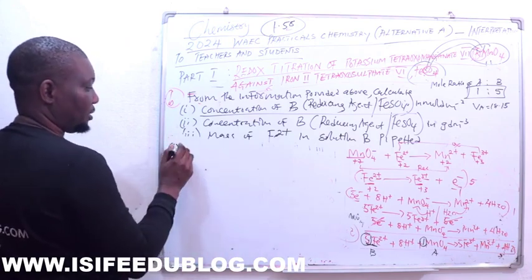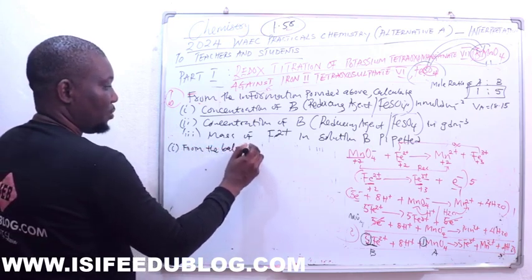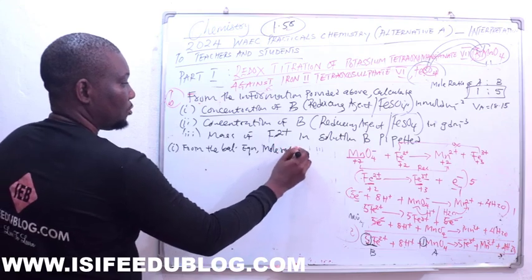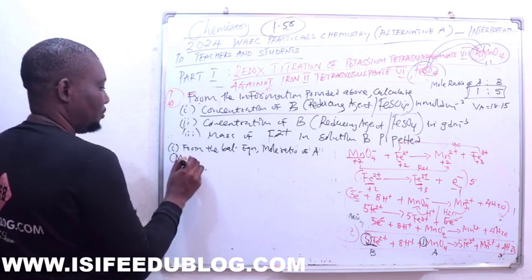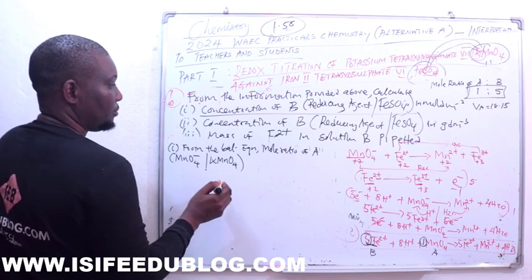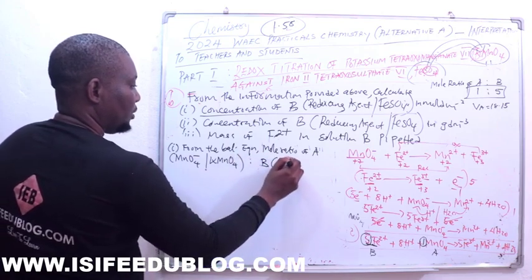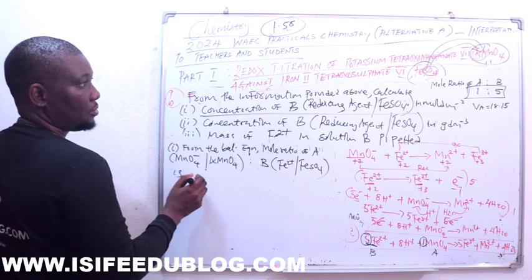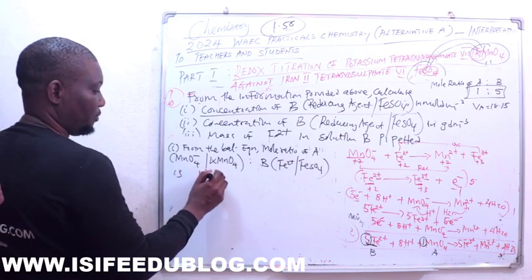I can now say from the balance equation, the mole ratio of A, which is KMnO4, to B, which is Fe2+ or FeSO4, is 1:5.